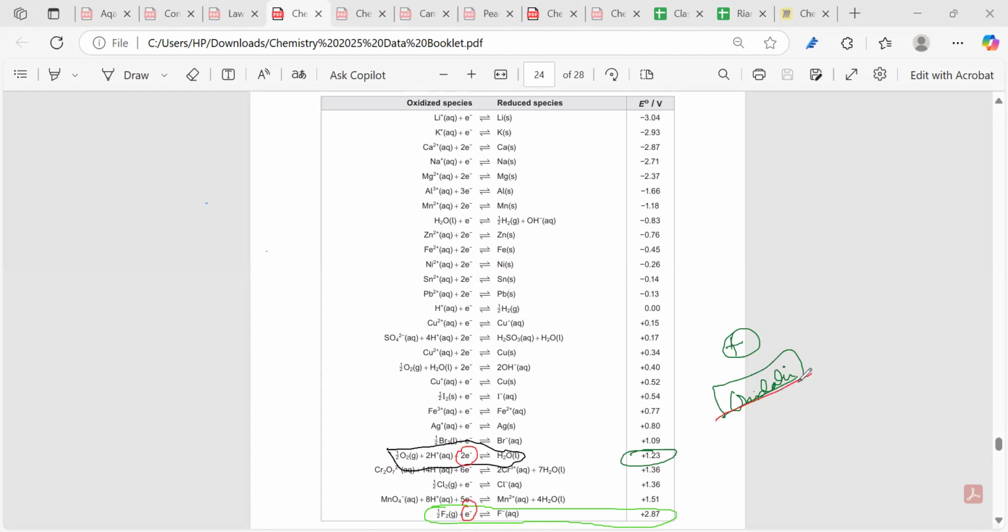So for oxidation, which is more negative? So which one of these will be going? The H2O, H2, and this is the reduction reaction. So what you have to do is flip the sign. Is it clear? Can you write down this equation by flipping?